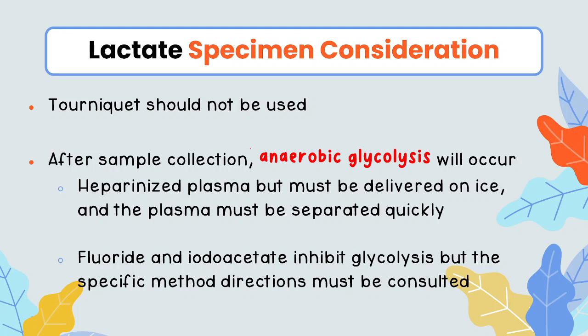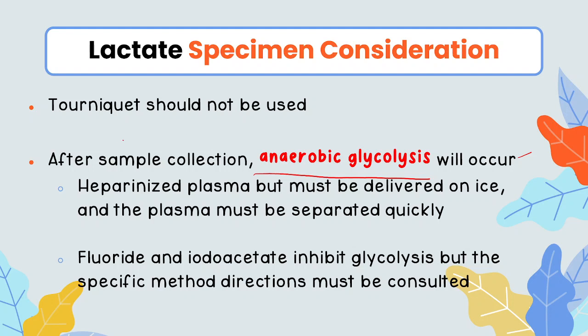So after sample collection, anaerobic glycolysis will occur, kids. Even if these blood samples are already outside our body, the processes inside that blood sample will still continue. That is what was referred to in the earlier statement, that even after sample collection, glycolysis will still occur.